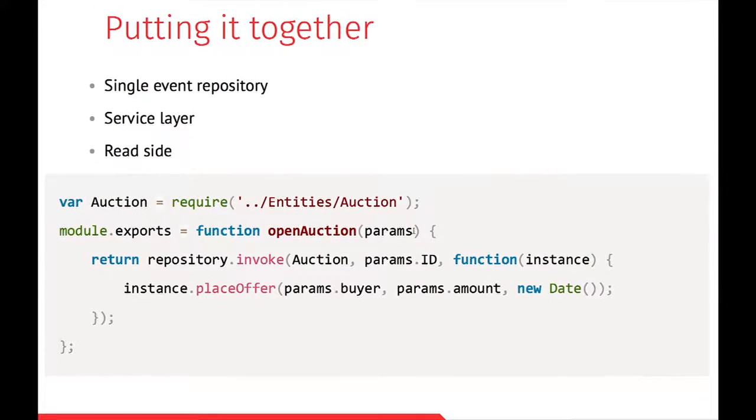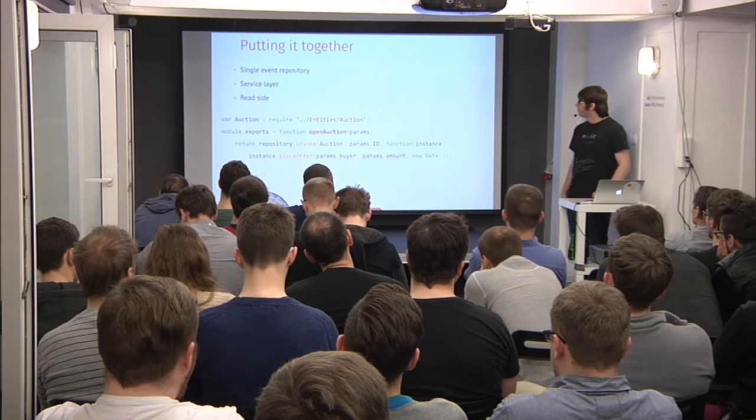And also, if you need to check some permissions in your application, that's where you do it. But that's where the write side of the application, the side that you perform commands on, ends.